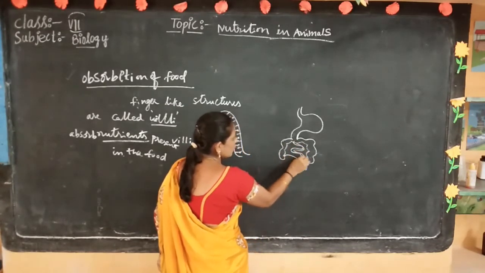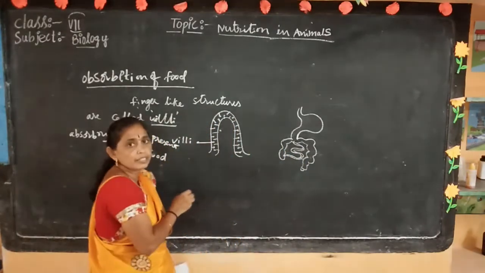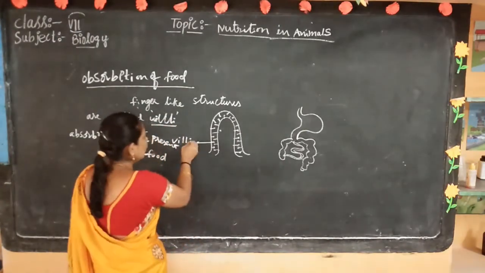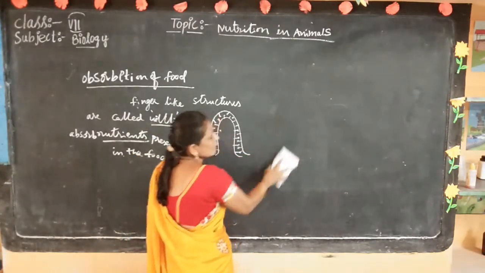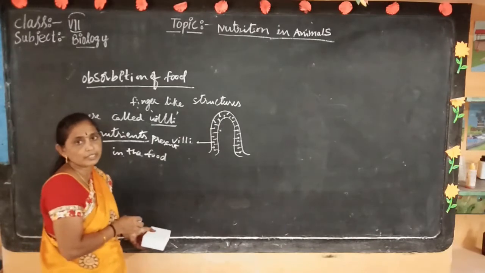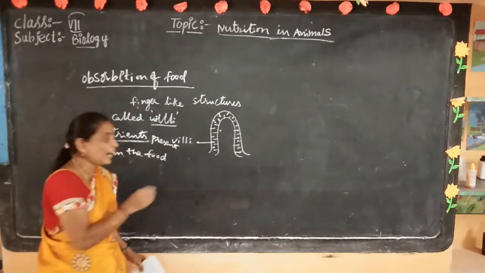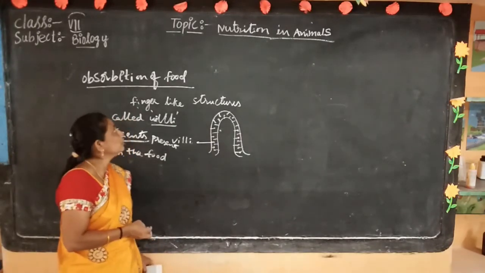Small finger-like structures inside the small intestine are called villi. Once we take food materials, the villi absorb the nutrients present in the food and transport them to different parts of the body.